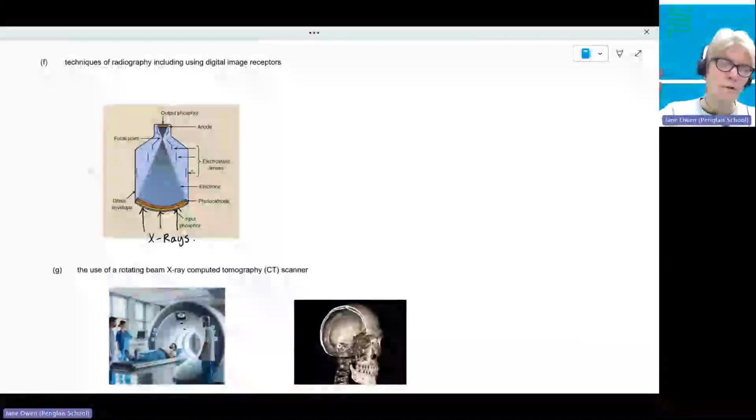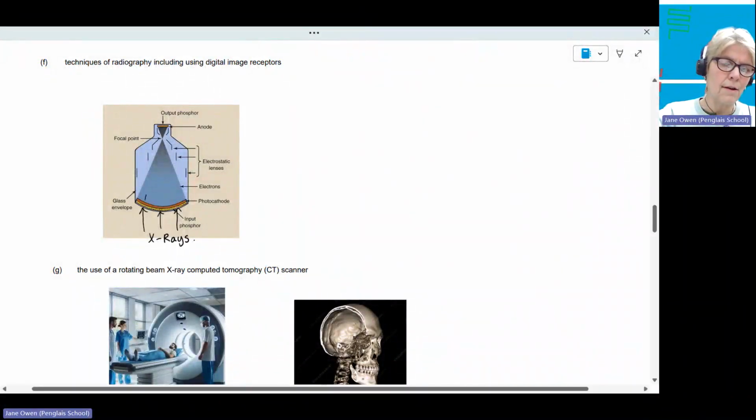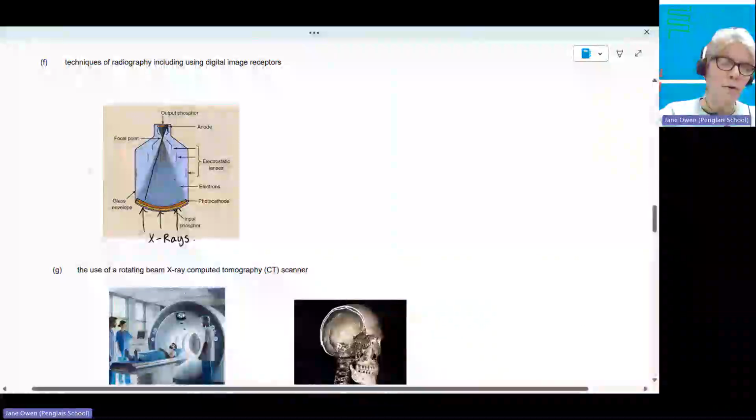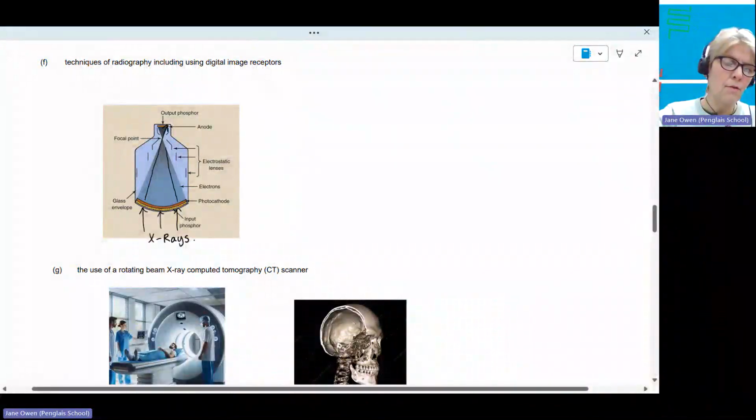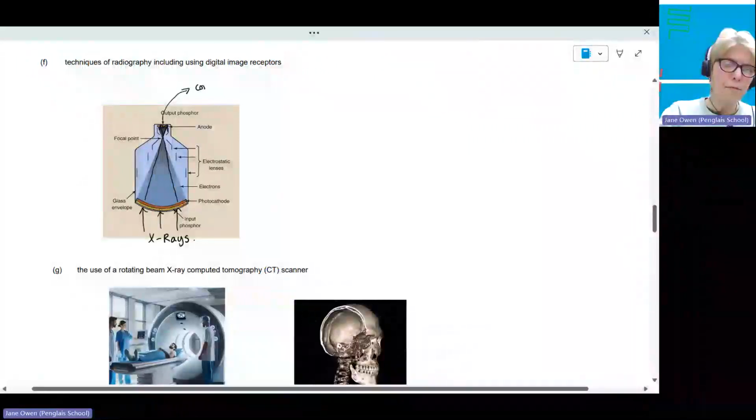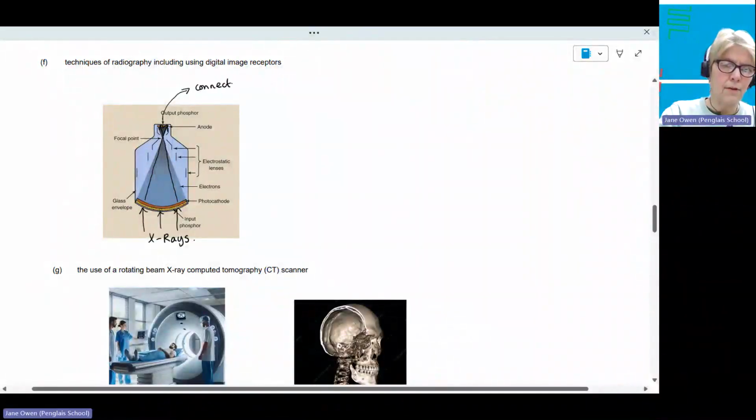These electrodes are called electrostatic lenses here, but basically they're just accelerated and focused onto an output phosphor. So it reduces the image, which is then connected to a computer for you to analyze it.